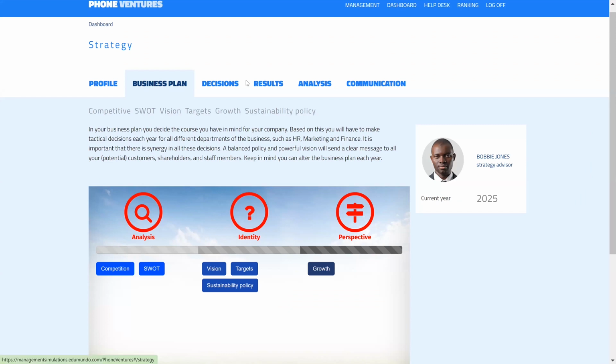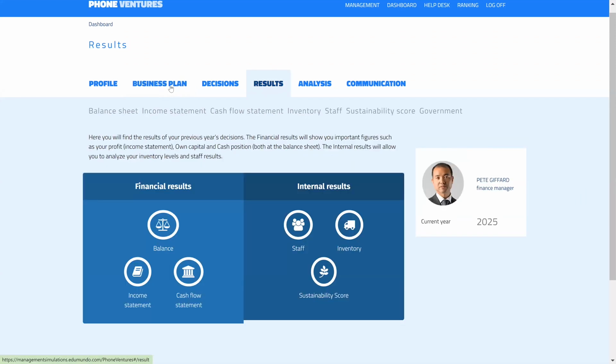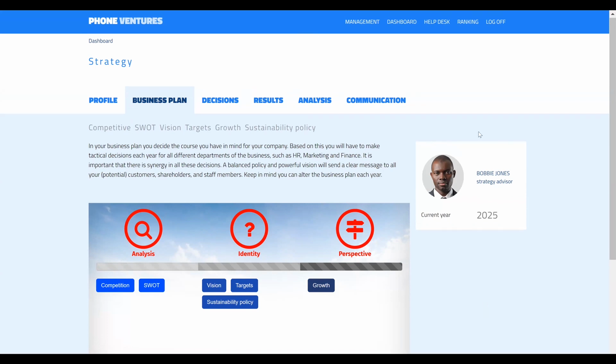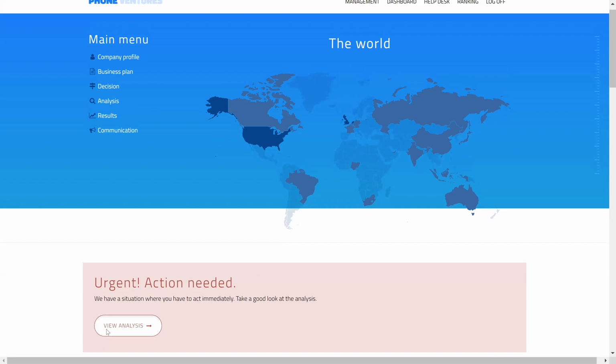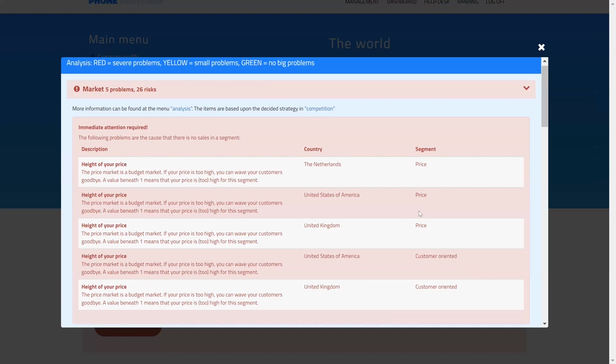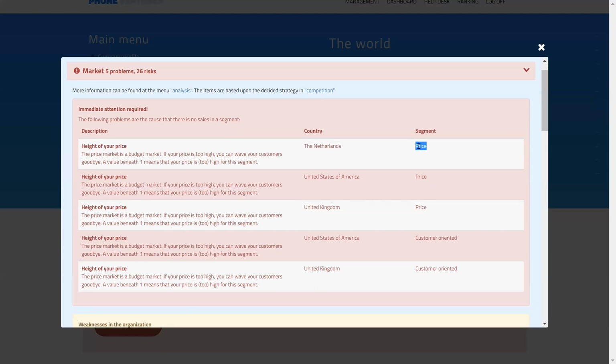So there might be lots of tiny mistakes that are not reflected in this dashboard, but because we are aware that you have to read a lot of results, we want to make sure you don't skip over the largest ones. So do make sure that you go through this. But for instance, here we see there's a comment from the price segment customers and from customer-oriented market customers.